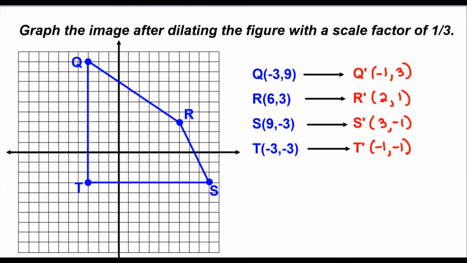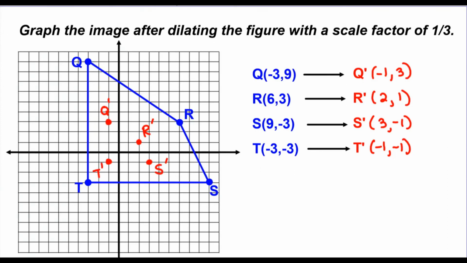So if I plot all of these points, my Q prime is at (-1, 3). My R prime is at (2, 1). My S prime is at (3, -1). And my T prime is at (-1, -1).